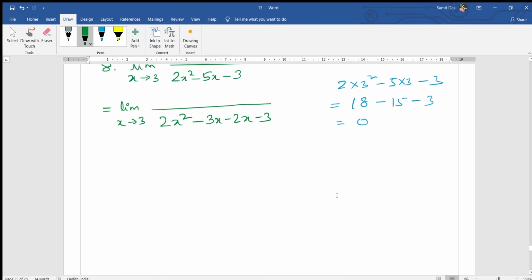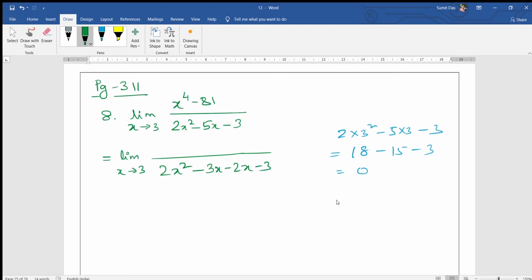You can see that 3x minus 2x is 5x, and the numerator we'll try to write like this: x square whole square. Look, x square whole square is x to the power 4, and 81 is 9 whole square, right?